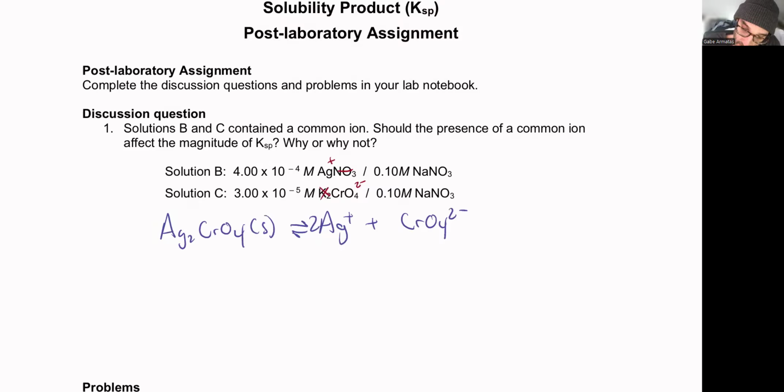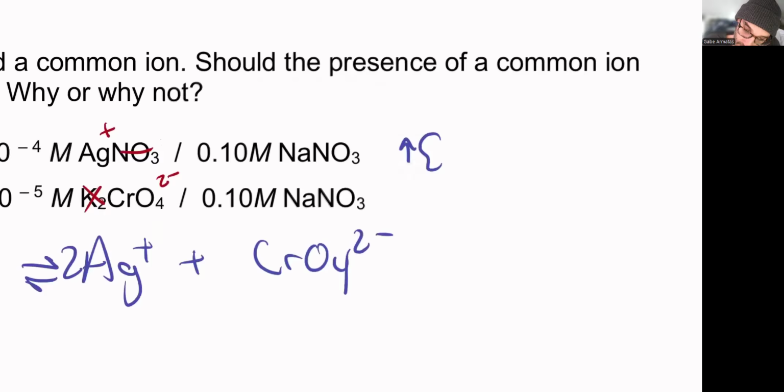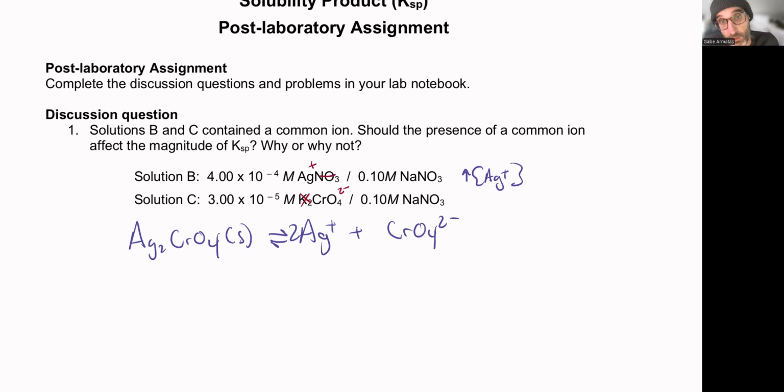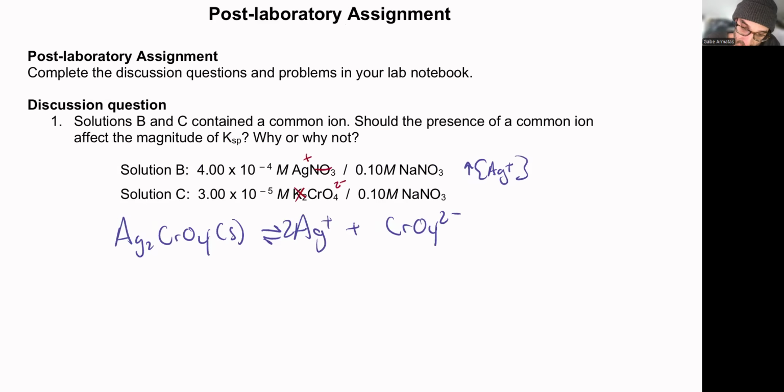By increasing the concentration of Ag plus, that causes a shift, according to Le Chatelier's, back towards the silver chromate, reducing the amount of ions based on the presence of that extra silver, and creating more solid. It's going to decrease the solubility.